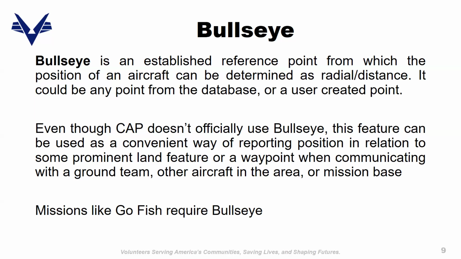So you would select a bullseye, which only you and other people who are on a mission with you know what it is. And when you know what it is and you report radial distance, you can determine your position, much like you would determine your position off a VOR, for example. But if a third party doesn't know what the bullseye is, this information is not useful.